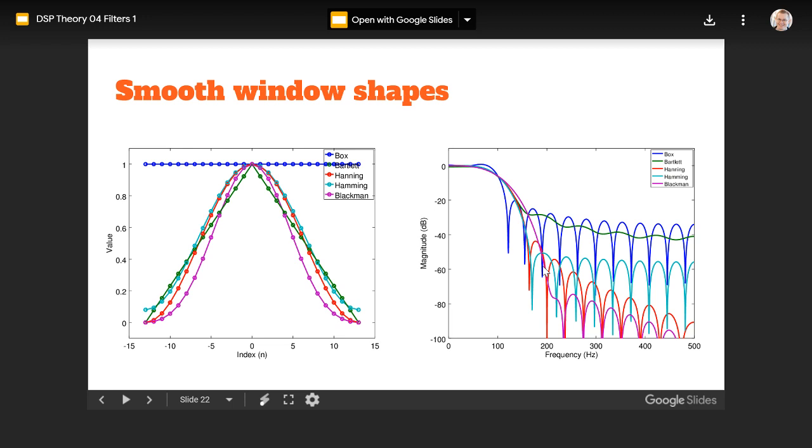Time multiplication here means that we will start expanding the window, take more samples, get a longer filter. So basically the transition bandwidth depends on the number of points in our filter. And now we have everything we need to design a low pass filter.